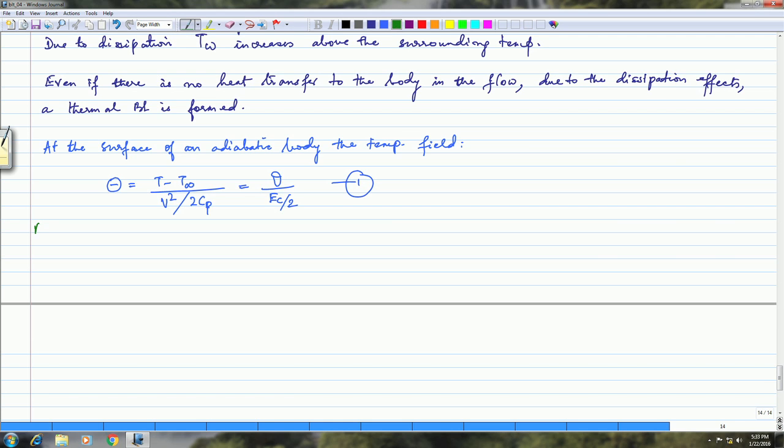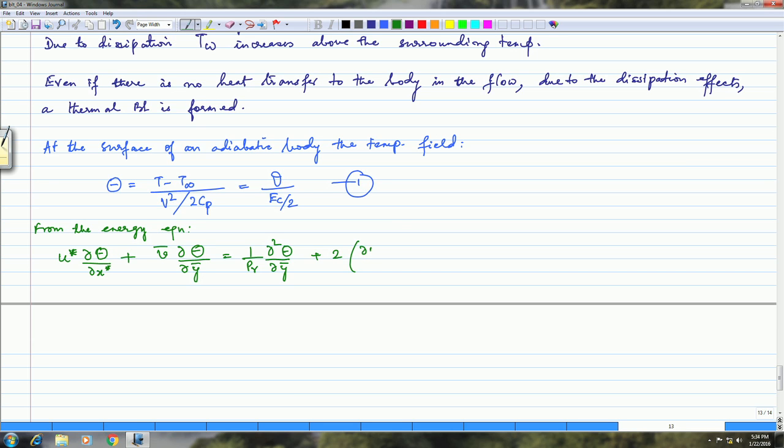Now from the energy equation, we get this.